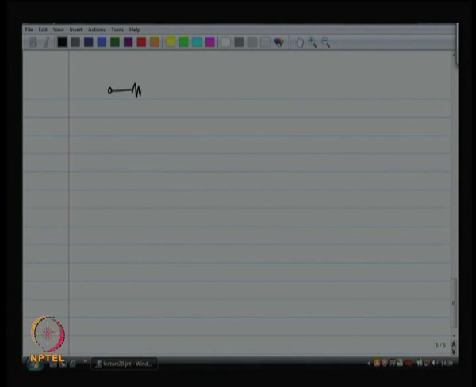So, what we are going to do now, next step, we are going to examine an RC network. All right. Now, in the RC network, the resistor is the only thing that is noisy, the capacitor is noiseless.